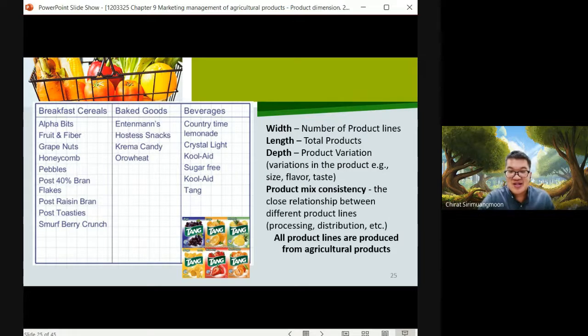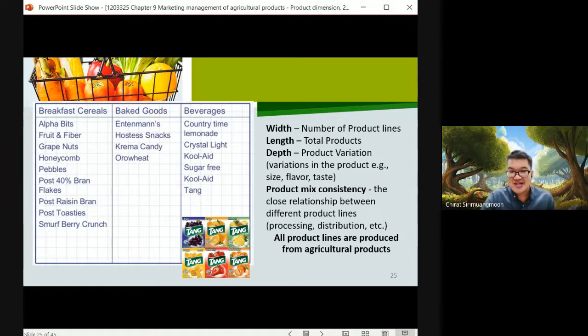So the product width is actually the number of product lines. In this case, we have three product lines, so the product width is 3. Product length is the total number of products. And the depth is the product variation, or the details in the product.